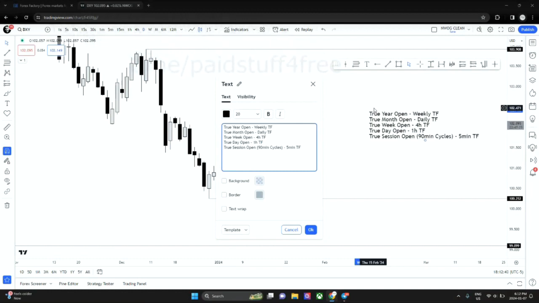So this is what I want you guys to be focusing on at the moment. I will give you guys lower time frame cycles and higher time frame cycles as we go along, but these are what you really want to focus on right now, okay? If you like 90-minute cycles, you like trading the London session or the New York session, then the 5-minute time frame is different.